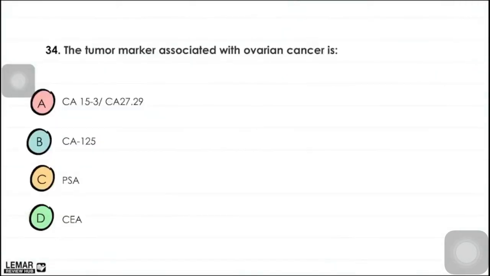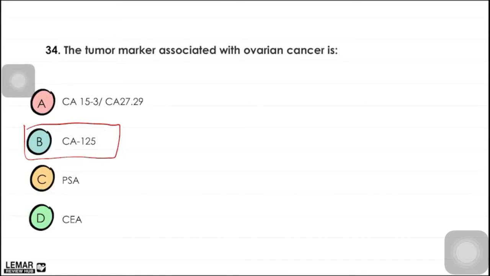Number 34, the tumor marker associated with ovarian cancer. This is letter B, CA125. CA125 is relatively sensitive in low stage ovarian cancer.